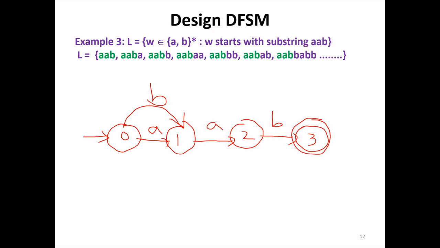So this is also not possible. What if I take this transition to state 2? Then starting with initial state 0, BB reaches the final state, whereas BB doesn't belong to this particular language. So this transition also doesn't satisfy.